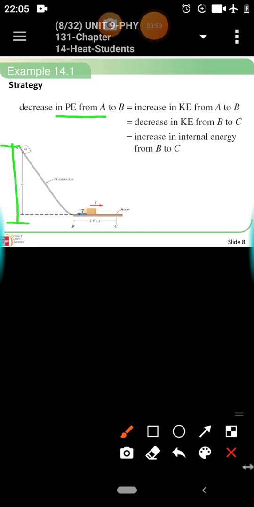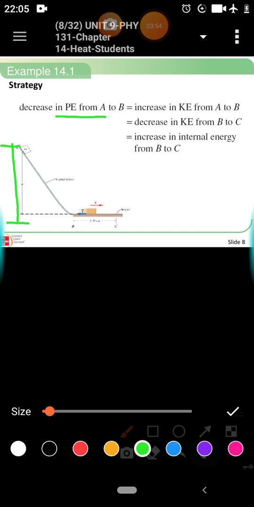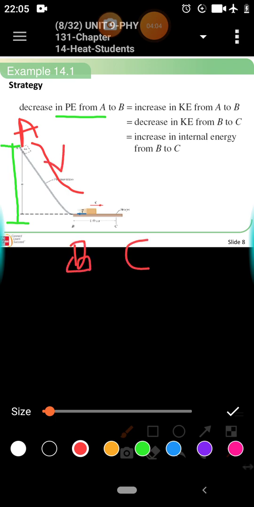When the block moves from A to B, it decreases in potential energy, yet at the same time increases in kinetic energy because it starts moving, gaining more speed.